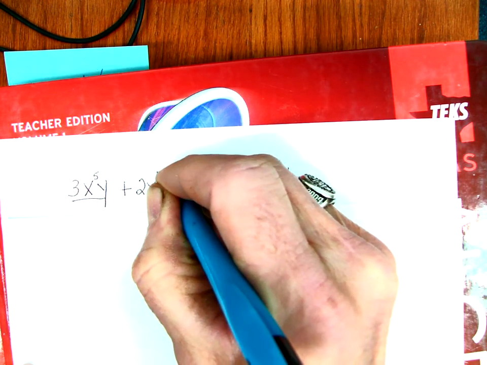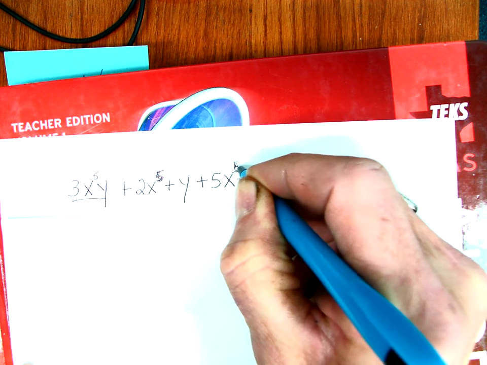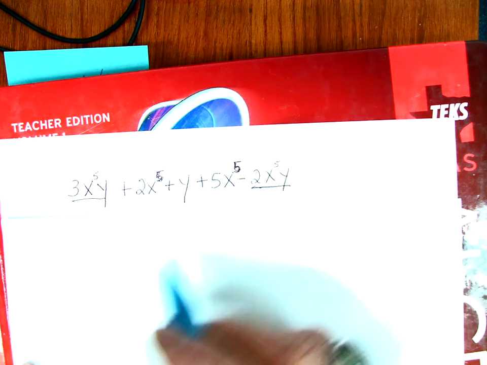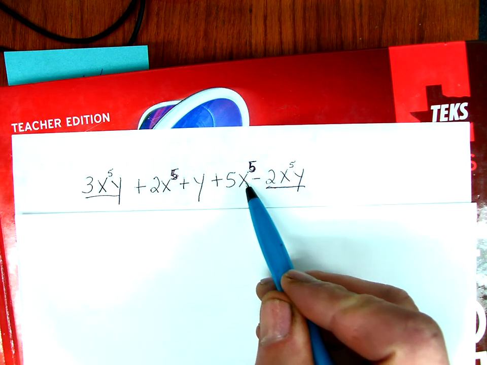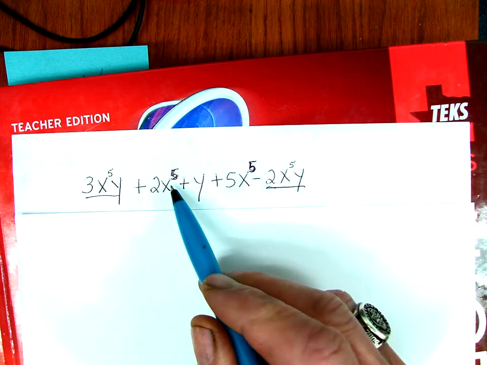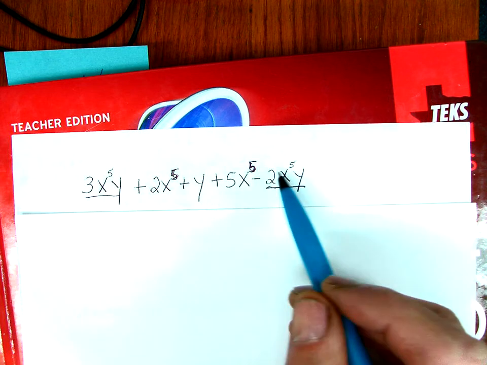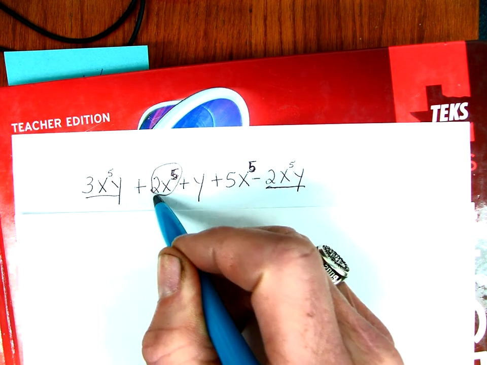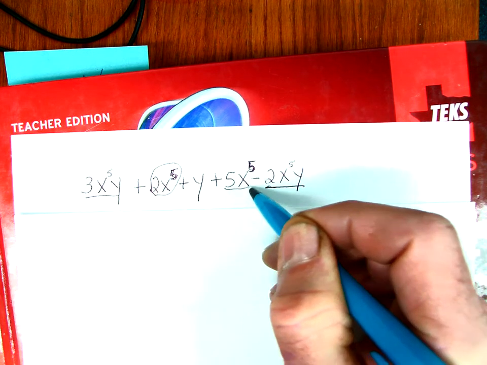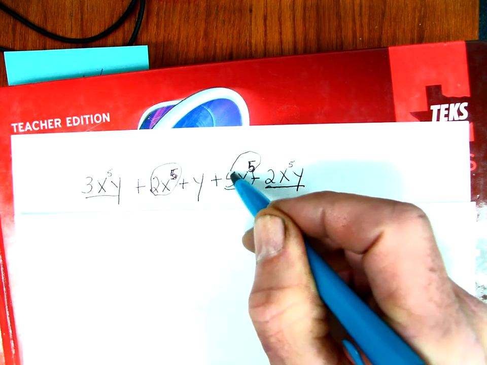I forgot to change these. Let's change these to the 5th power. X to the 5th, x to the 5th, but there's no y with that, so they can't be combined with those. So these two are alike. I forgot to change these in my example. Here we go.